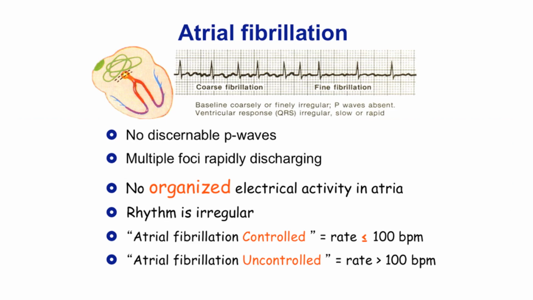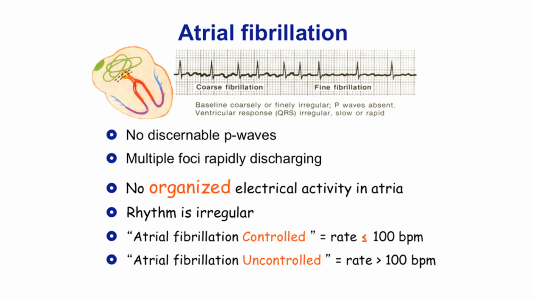So remember, in atrial fibrillation, we're looking at the P waves and the QRS. In that top slide, we can also distinguish between coarse fibrillation and fine fibrillation. If we think about this as describing the P waves, in coarse fibrillation, we're still having some pretty intense electrical activity through the atrium.